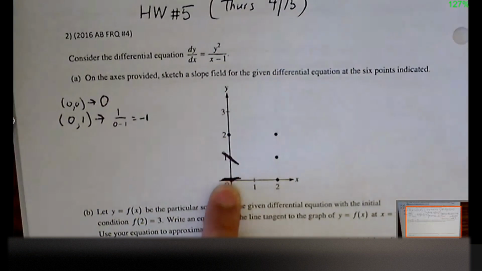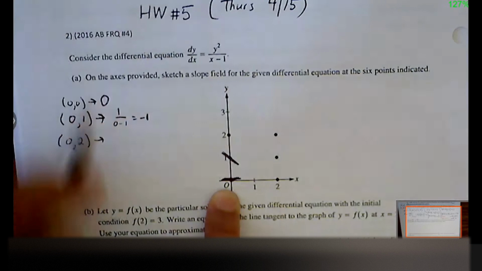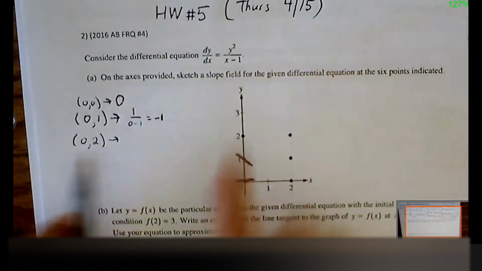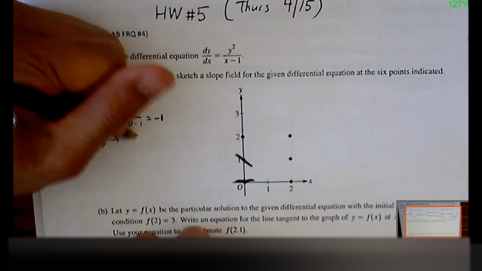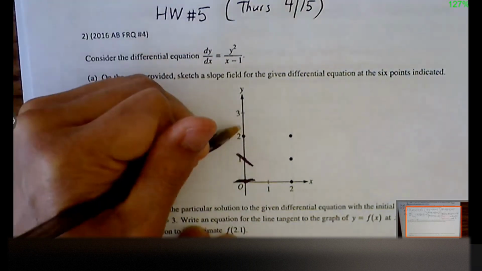Next up, 0, 2. 0 in for x, 2 in for y. I get 4 over -1. So I'm going to make this an even steeper slope.